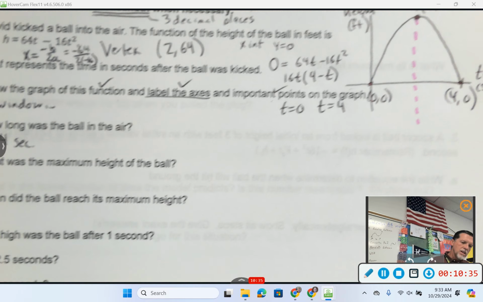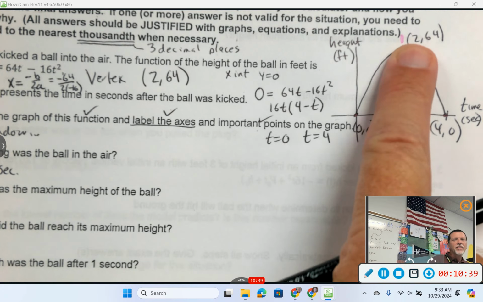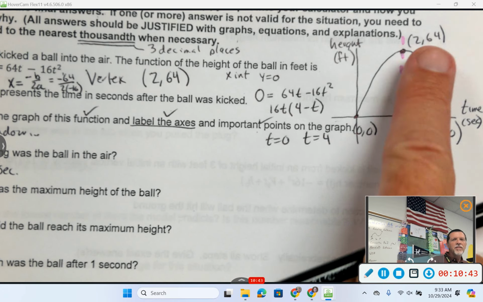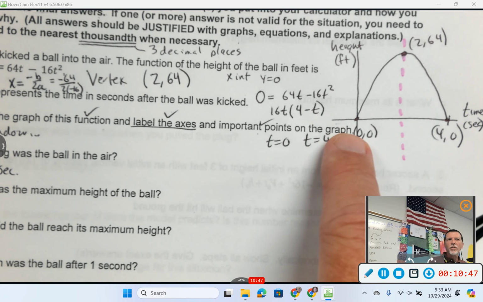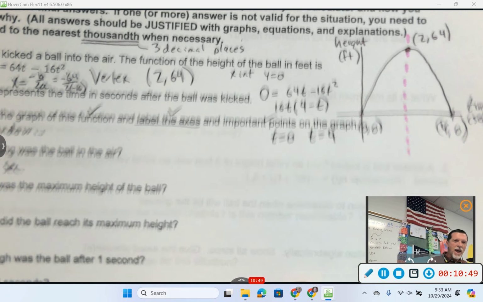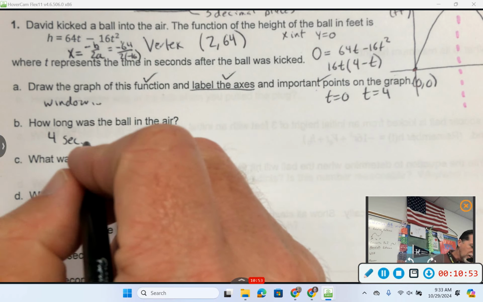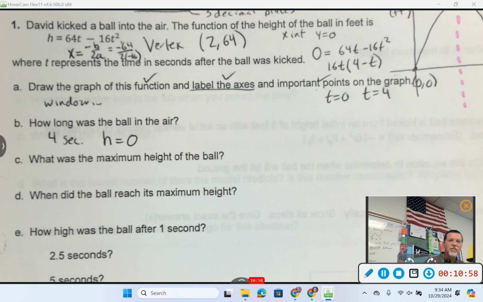That's the x coordinate of the vertex. 4 is not the x coordinate of the vertex. Double. It's double. Double won't always work though. That only works if you start at the origin. So you're on the right path. I think you guys are making this harder than it looks. That was when h is 0. When h is 0, we were back at the ground, and the ball was no longer in the air.